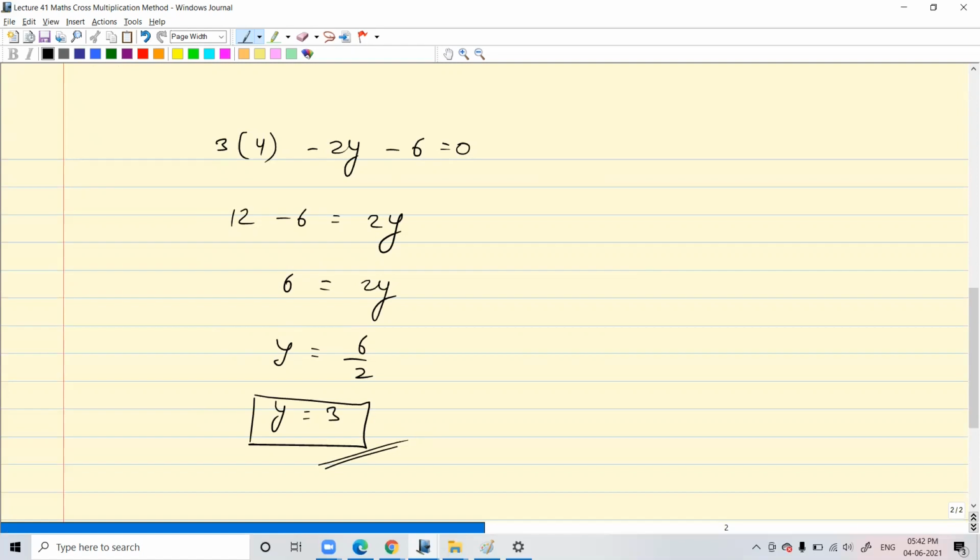Okay. Now all of you solve this problem using the cross multiplication method this time.